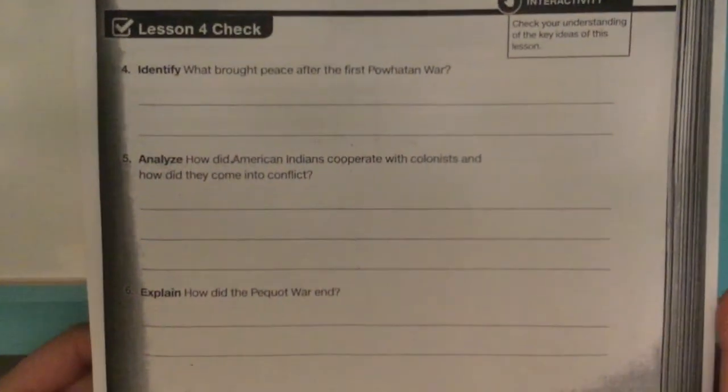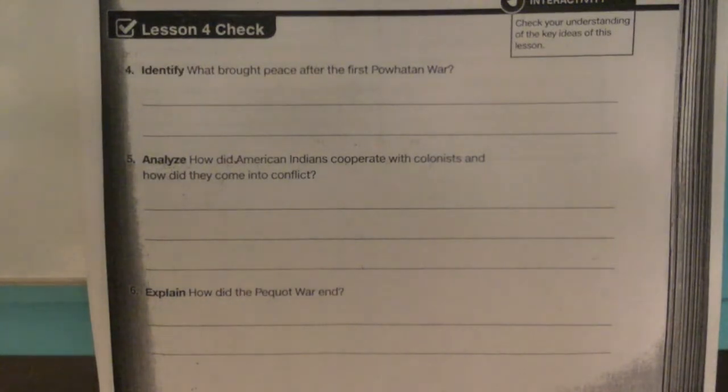So lesson 4, check. It says identify what brought peace after the first war. So what happened that kind of stopped the fighting for a period of time? Question 5 wants you to analyze how did American Indians cooperate with colonists and how did they come into conflict. So there's 2 different things there.